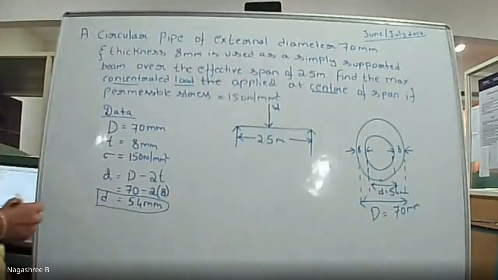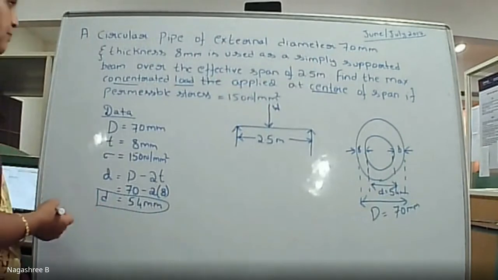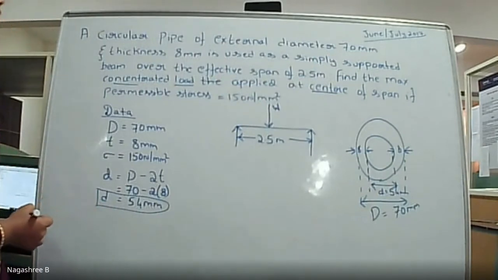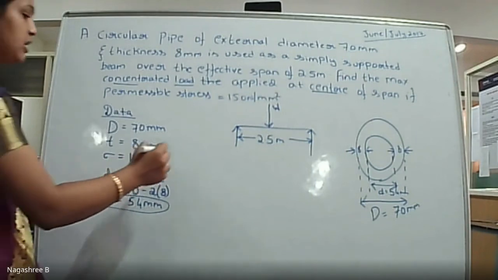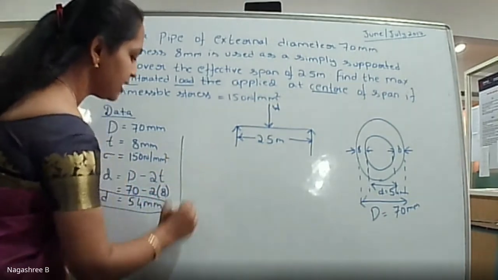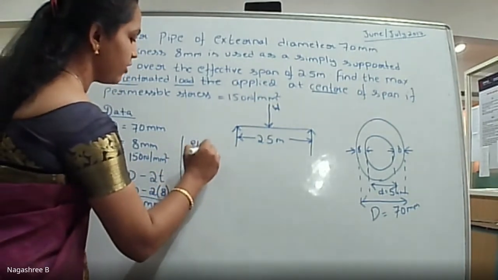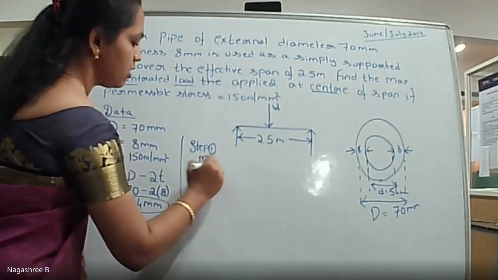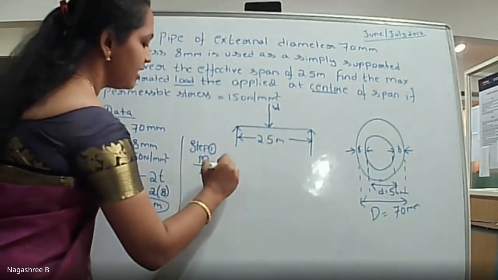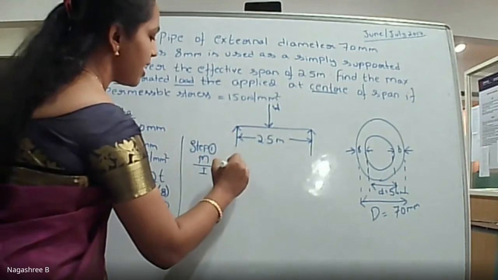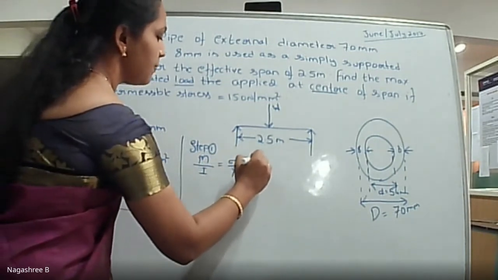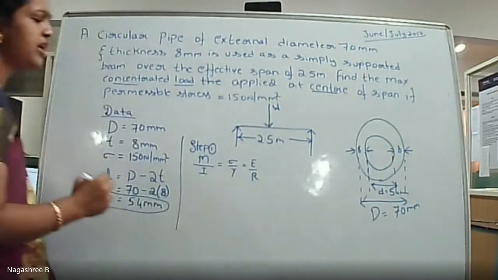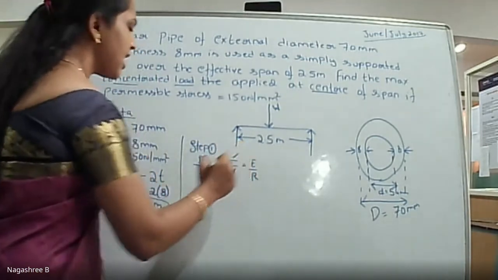Now the next step is to calculate the maximum value of W. Before that, we need to check the bending stress equation. Step one, the bending stress equation: M by I equals sigma by y equals E by R. The value of sigma has been given.